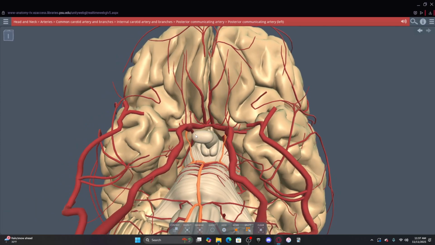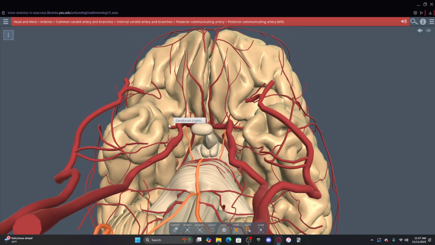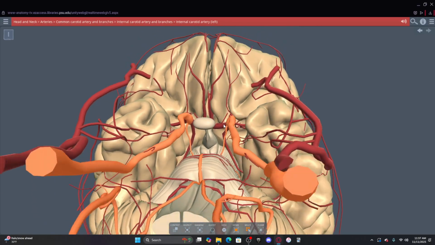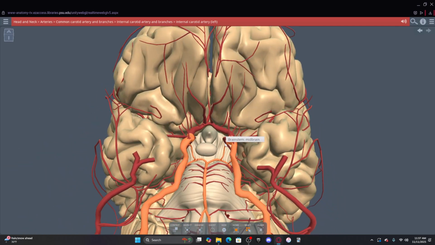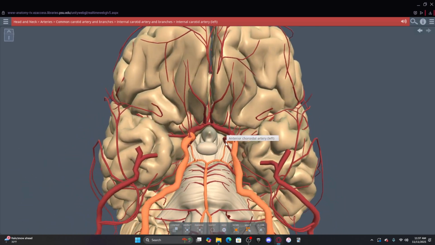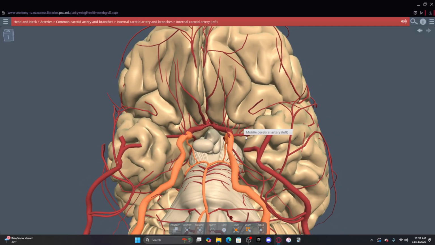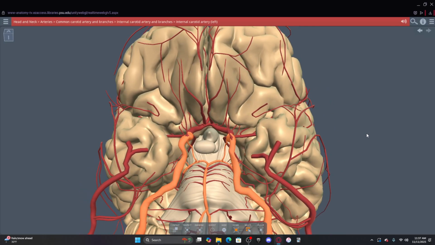And then from our posterior communicating, we go to our internal carotid artery. Right? These are both our internal carotids. And then our internal carotid, you can see it transform into our middle cerebral, left and right.